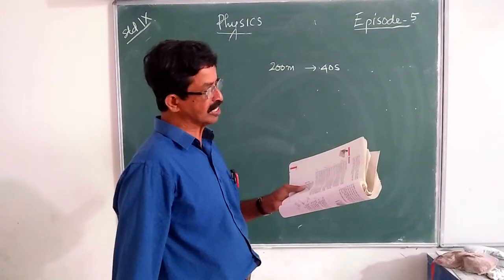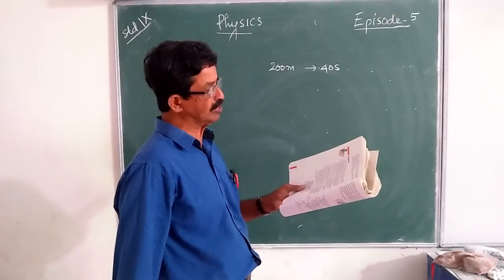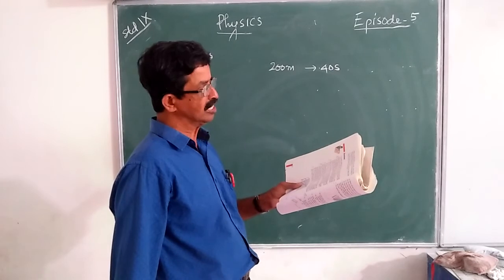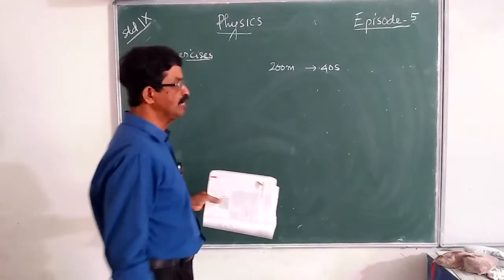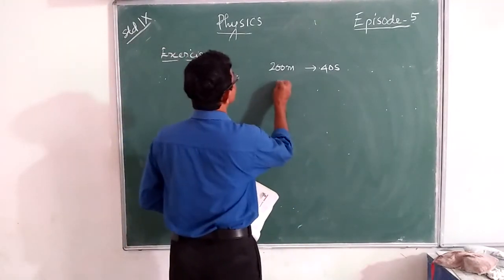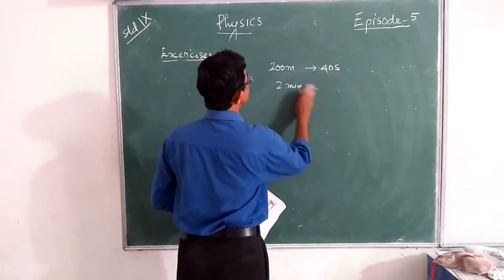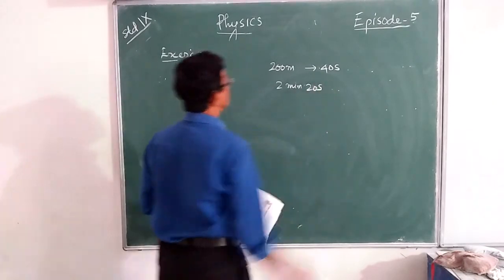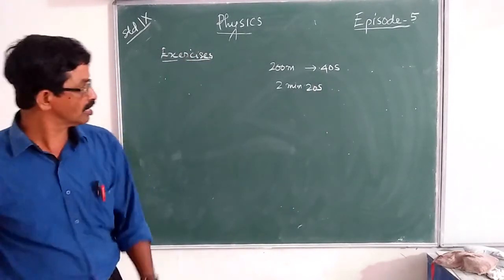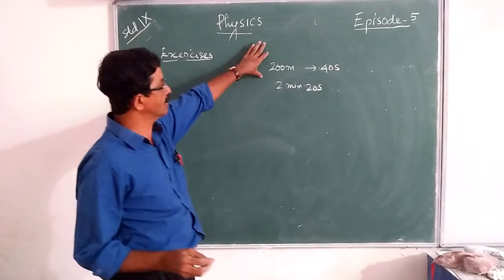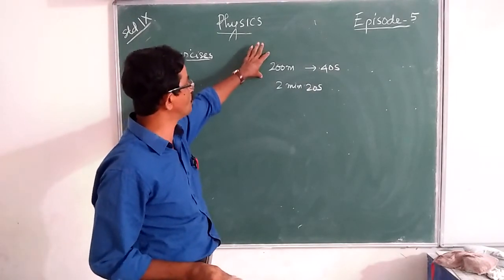What will be the distance covered and the displacement at the end of 2 minutes 20 seconds? We want to find out how much distance he covered and also the displacement.